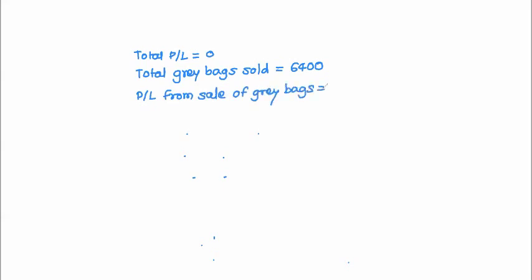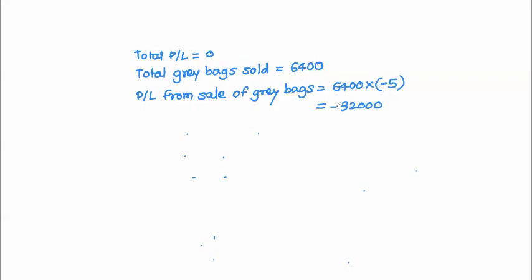That is equal to 6,400 multiplied by minus 5, because that is the per bag. So 6,400 into 5, when we do the multiplication of the weights, we get 32,000, and the sign here plus, here minus, different signs, so it gives minus sign here.